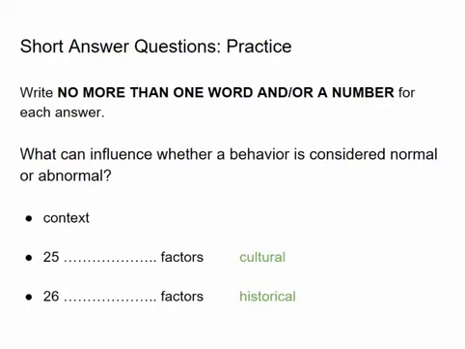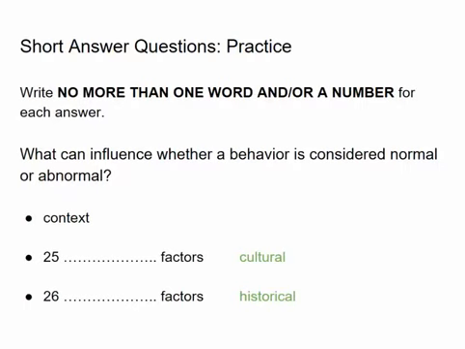Okay, shaping our views and what can influence are paraphrases there, and they're related to the correct answers we got down below, cultural and historical factors. As we predicted, cultural and historical are adjective forms, so these are adjectives going in front of the word factors that give us the correct answer for 25 and 26.